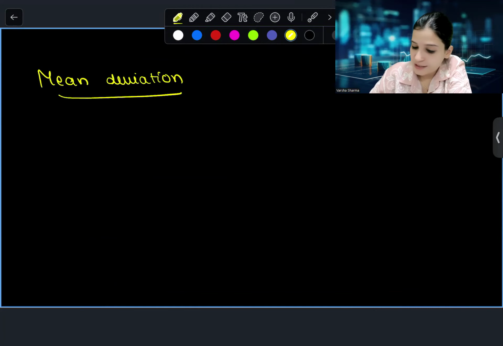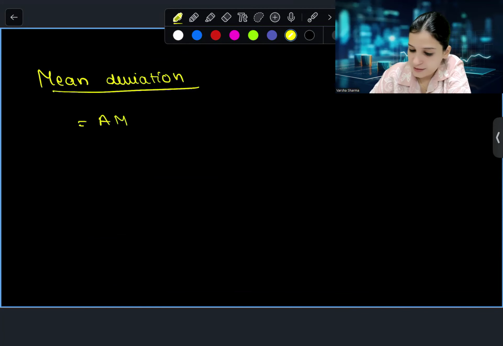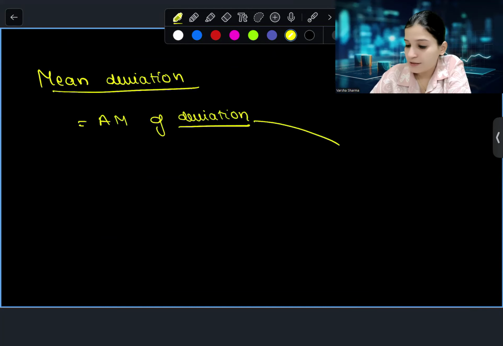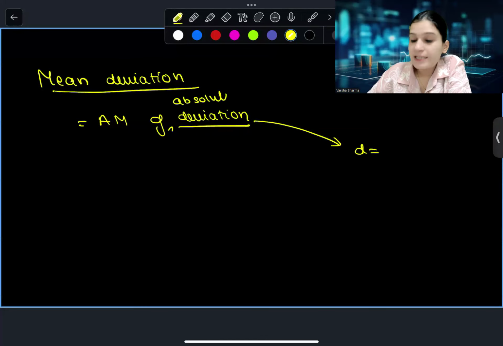The actual formula is arithmetic mean. This is arithmetic mean of deviation. Deviation is difference, basically absolute deviation. In dispersion, we only use absolute deviation. We never use the negative sign.